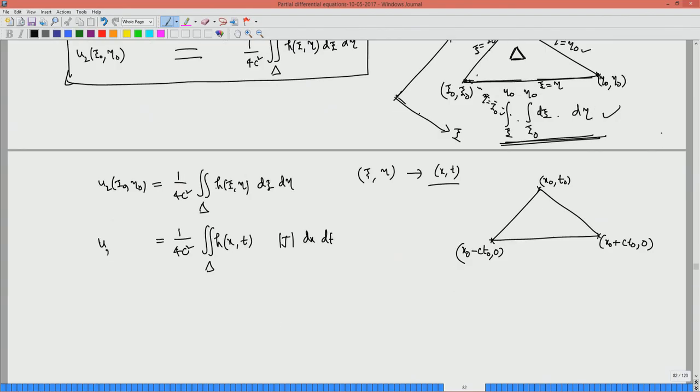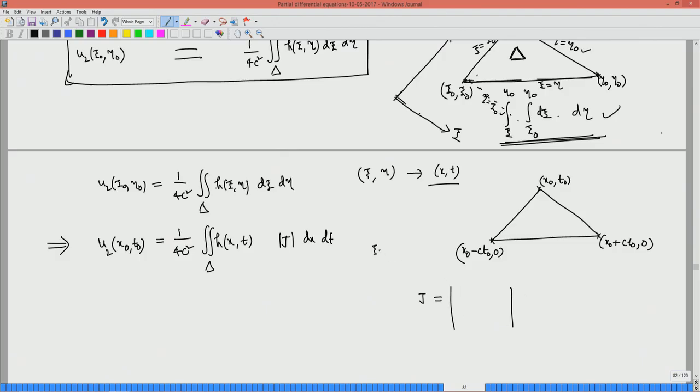This is actually u2 of x naught t naught in the old variables. What is the Jacobian? The modulus of the Jacobian, first of all, the Jacobian is the determinant of xi x.